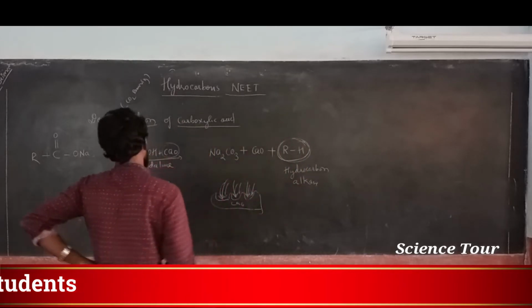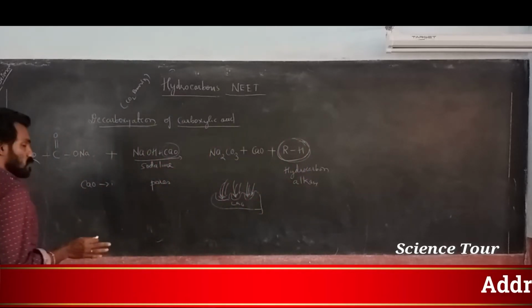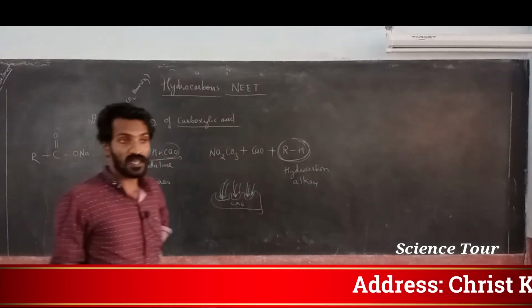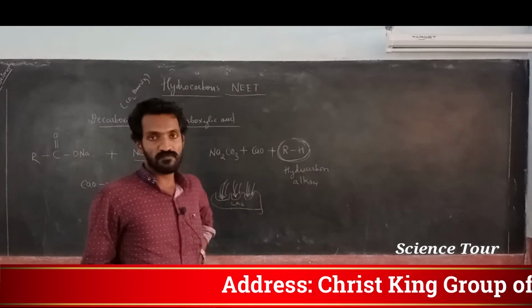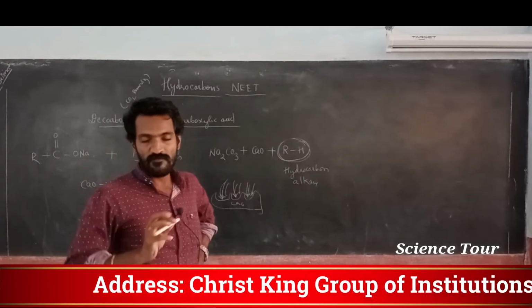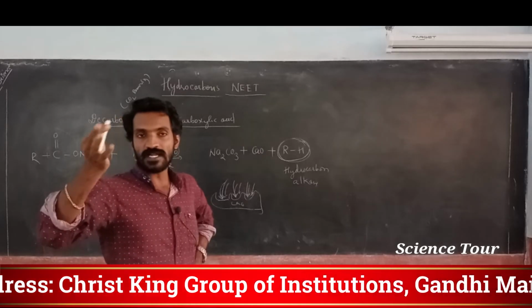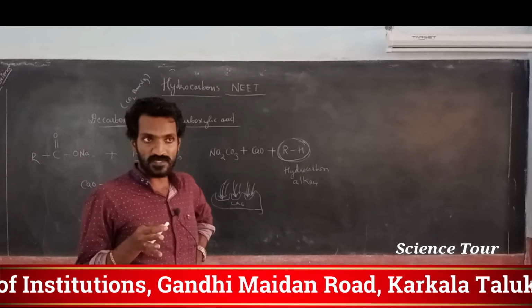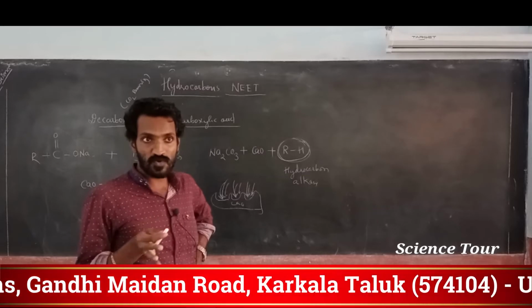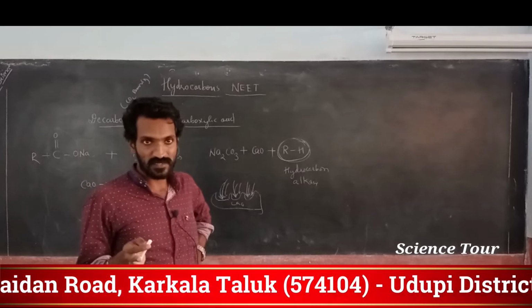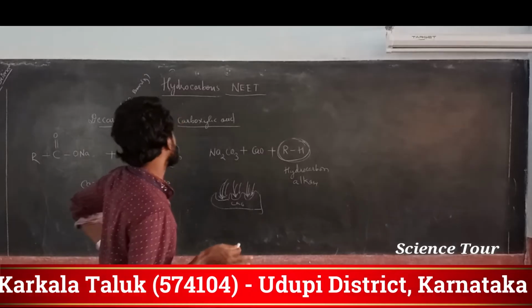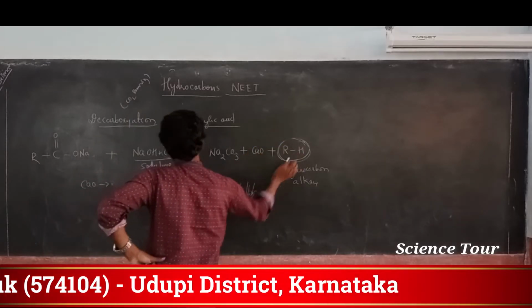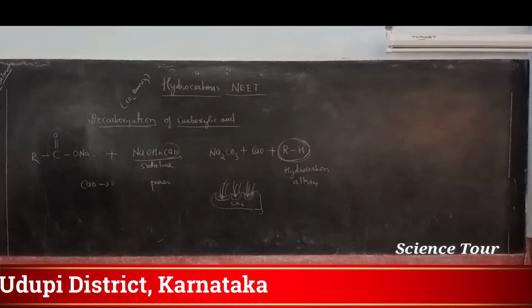So my dear students, remember during decarboxylation we are using soda lime, NaOH plus calcium oxide. We removed carbon dioxide, that carbon dioxide is absorbed by the porous places of calcium oxide, understood? So calcium oxide gives more places for the reaction, understood? So it gives this particular alkane.